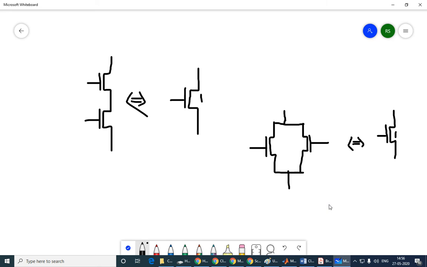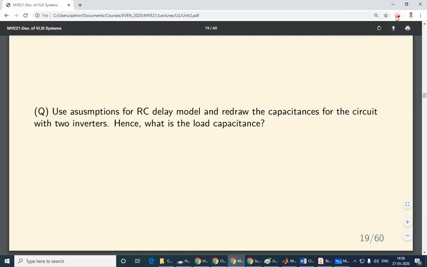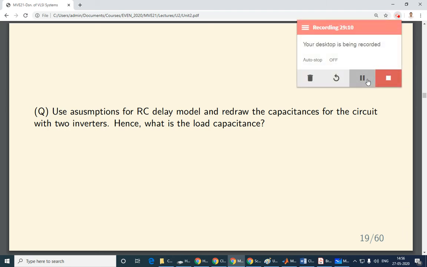But first question, we have two transistors in series, and we want them together to be equal to a single NMOS transistor. Here we want these two to be equivalent to this. How can we do this? You can think on this, we will come back in a few minutes.